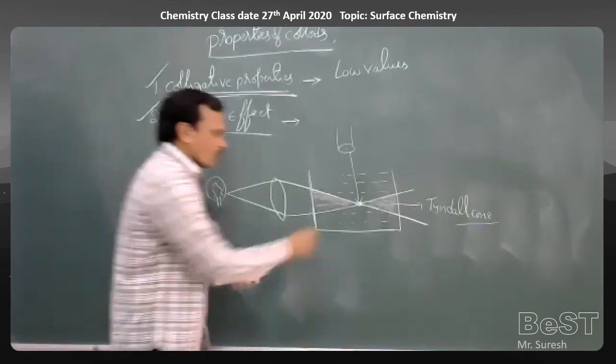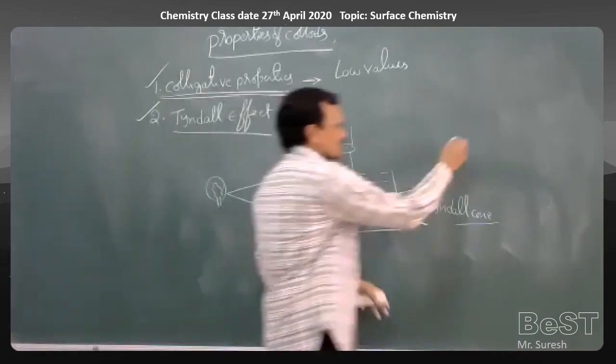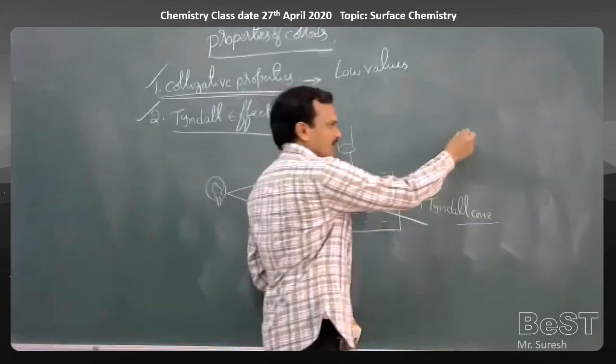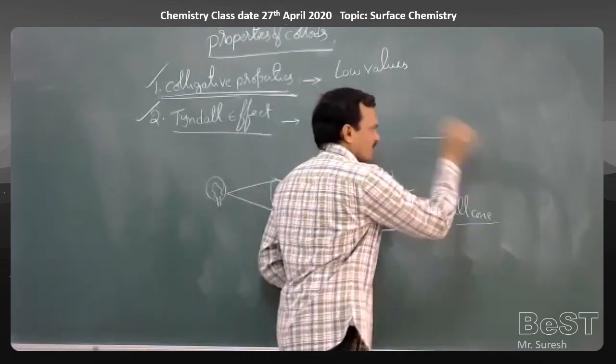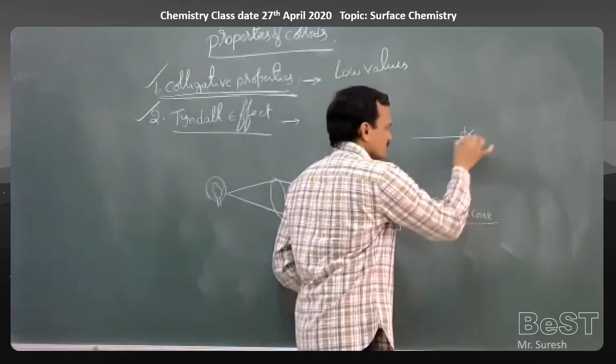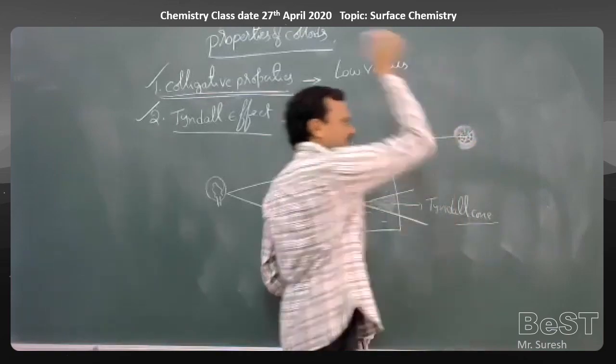Actually, we are not able to see the dust particle exactly. Suppose this is the dust particle, a colloidal particle. When light falls on the surface of this particle, the light gets scattered. That means we are seeing the light aureole around this particle.